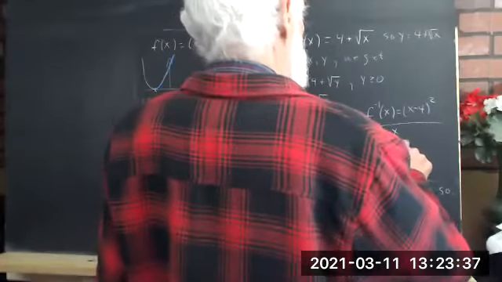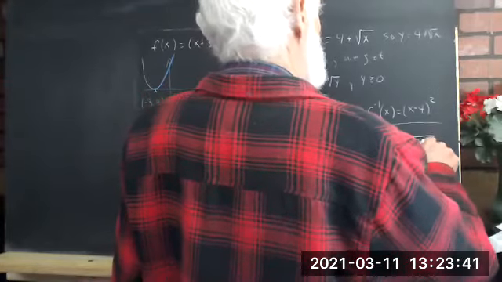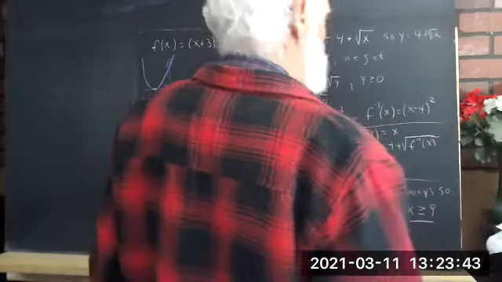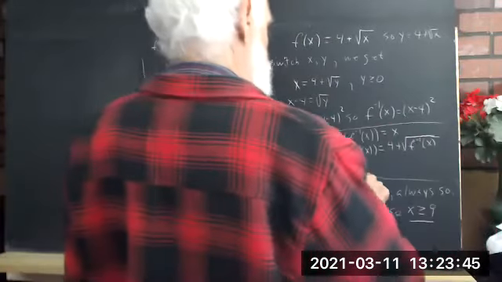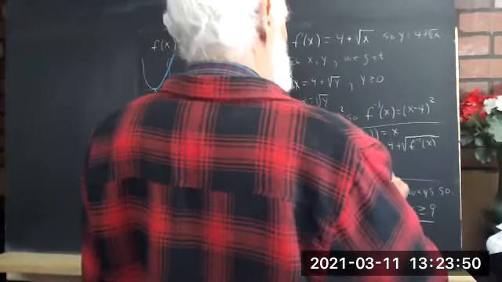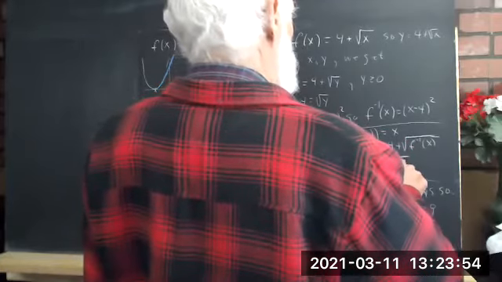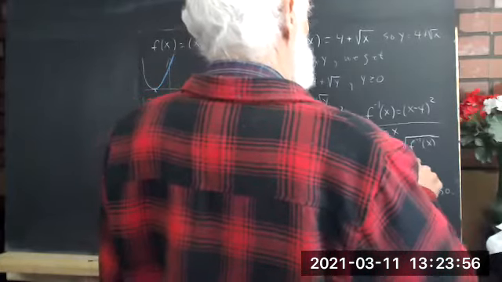So that would be 4 plus square root of f inverse of x. And that's 4 plus square root of quantity (x minus 4) squared.